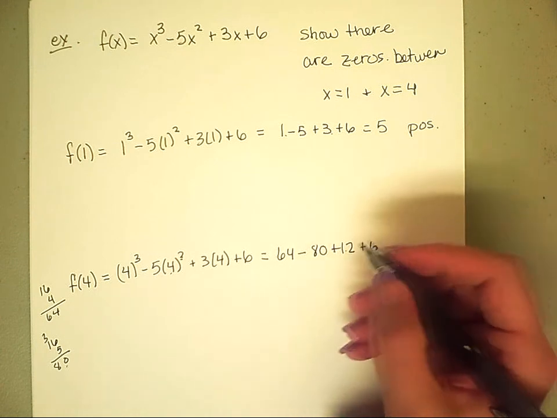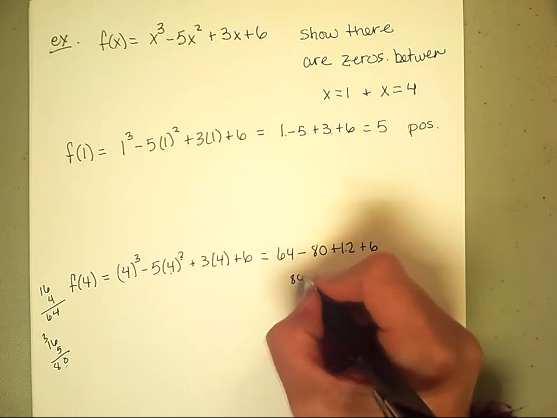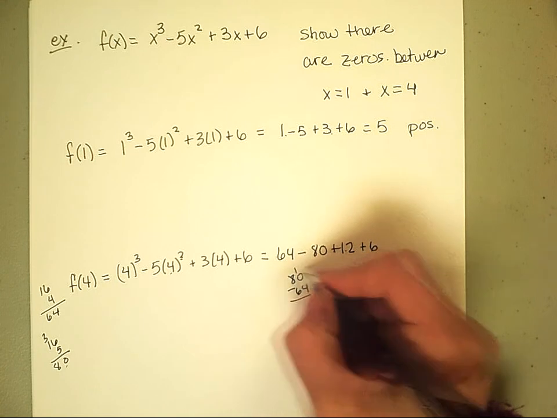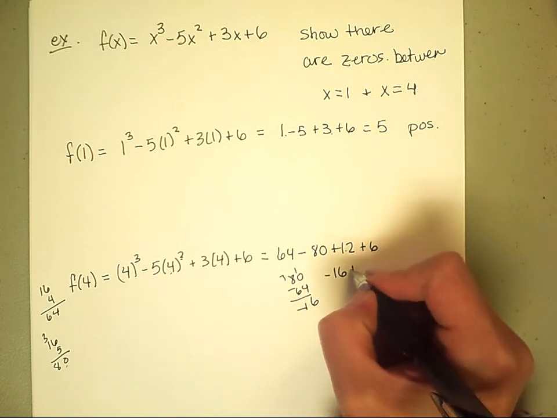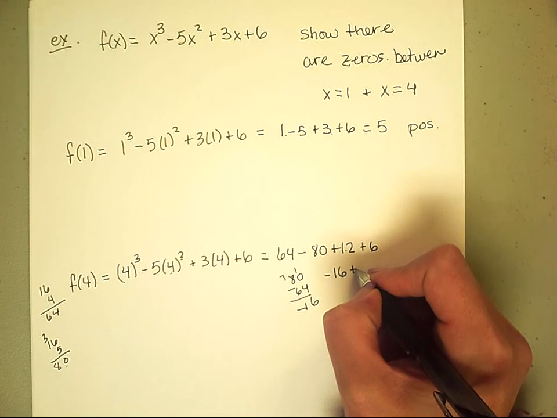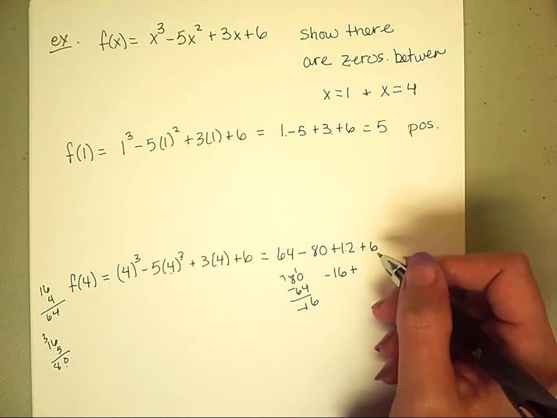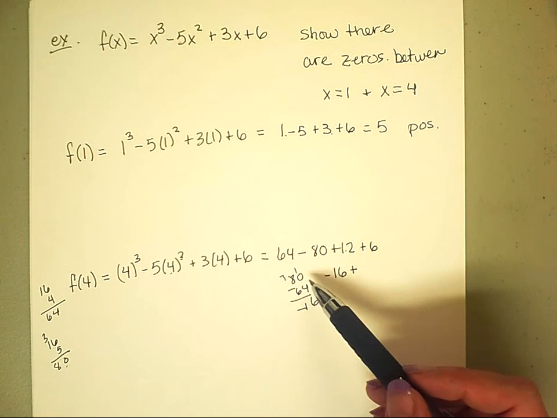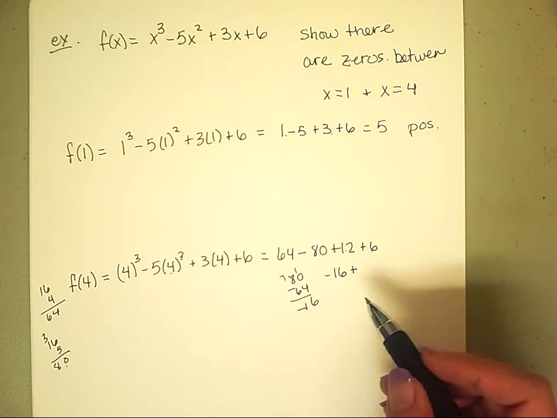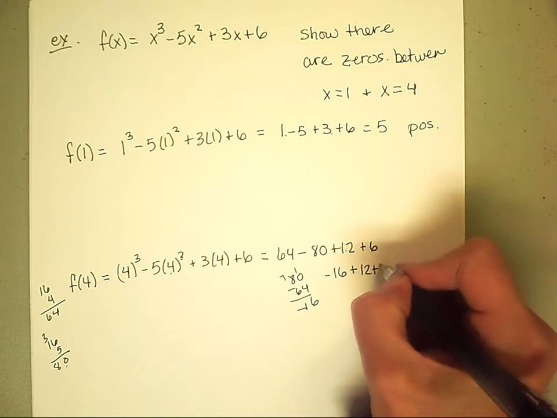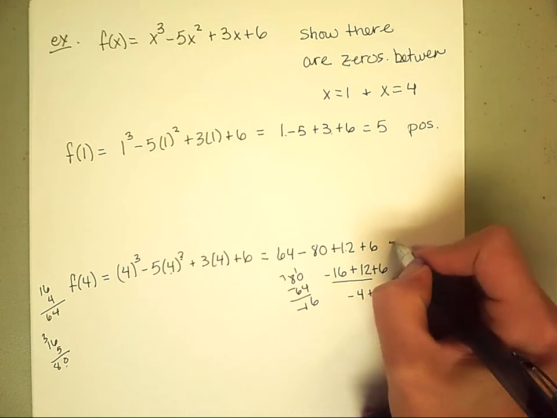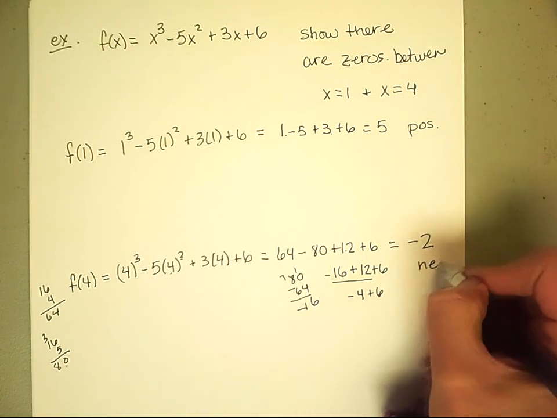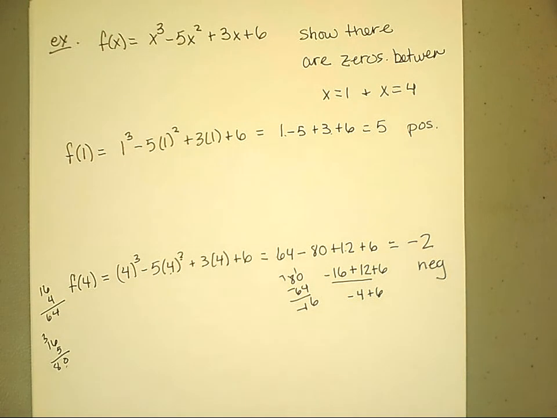Okay, let's see how we can do this. 80 minus 64 is 16, so negative 16. Did I do that right? Yes, plus 12 plus 6. Okay, so negative 16 plus 12 is minus 4 plus 6. So this thing is a positive 2, and this is positive.